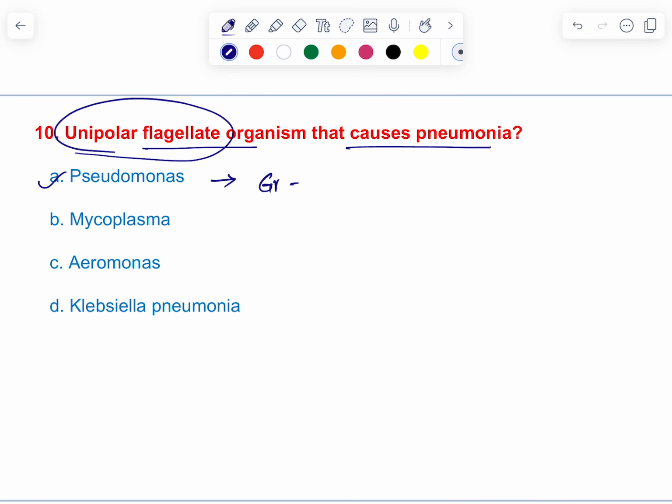It is not only a unipolar flagellate organism, it is also a gram-negative, aerobic, rod-shaped organism with unipolar motility.